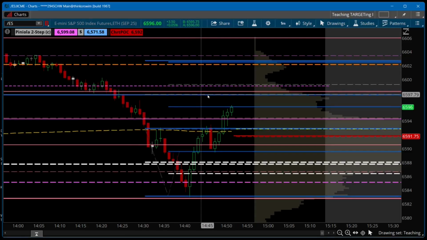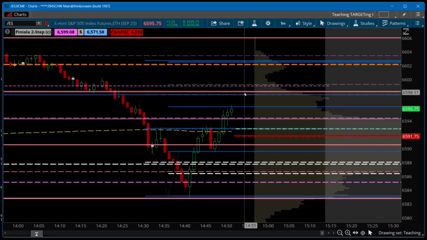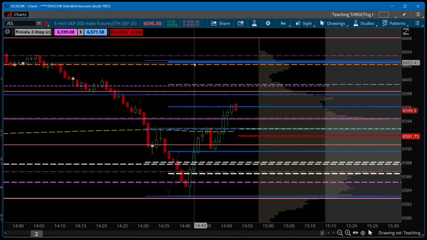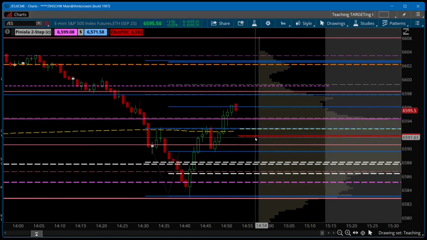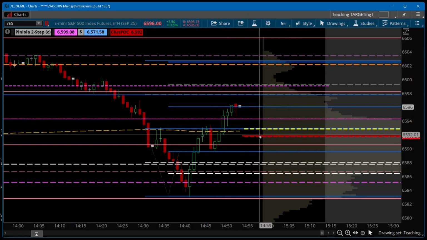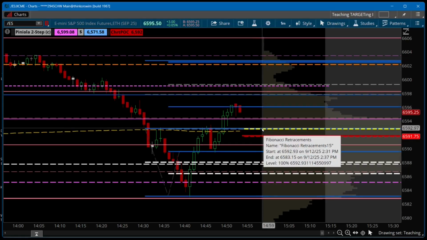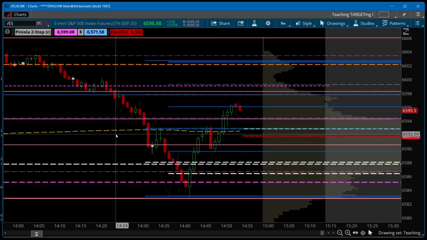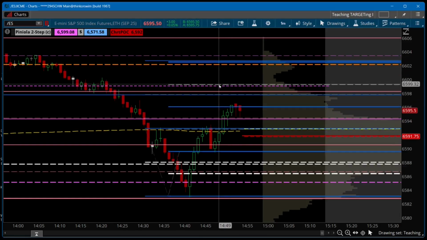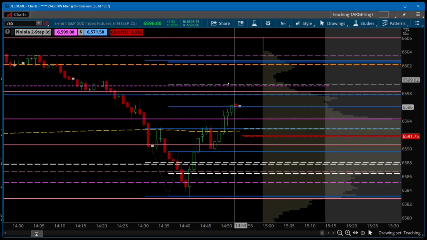All right, this becomes a magnet right here. Both point of controls, day and chart port, and then you got the daily VWAP sitting there. 6 minutes left. I still think it's in control enough to get to here.